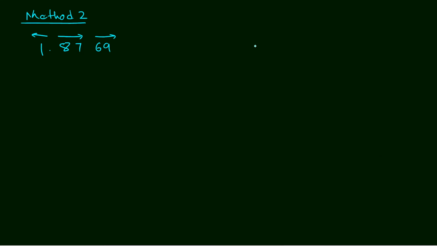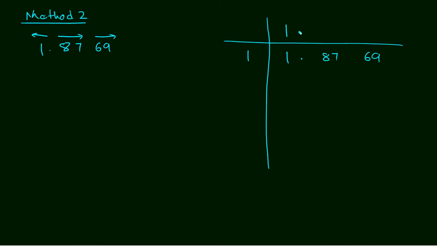And let's do the division method. 1.8769. So the first digit is obviously going to be 1. And at this point, the decimal point there, don't forget that. So 1 times 1 is 1. Remainder 0. So bring down 87, that becomes 0.87. And bring down 1 here, that becomes 2 point something. And that digit is going to be 3.